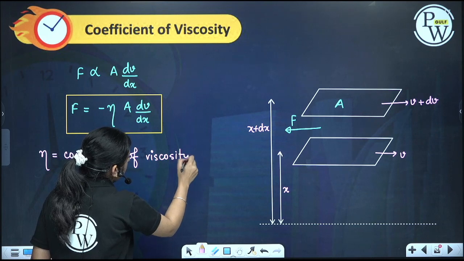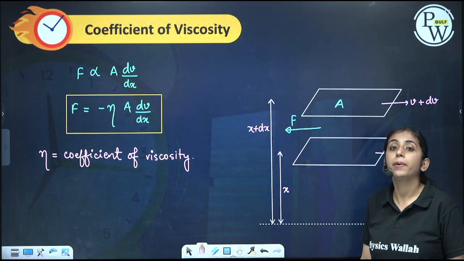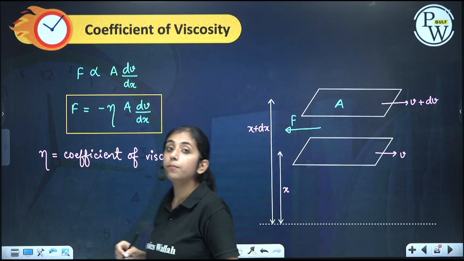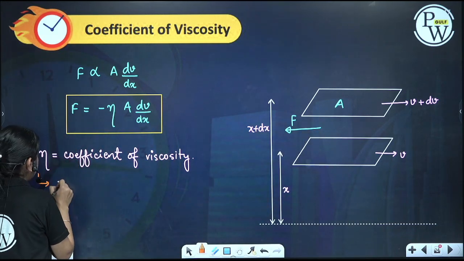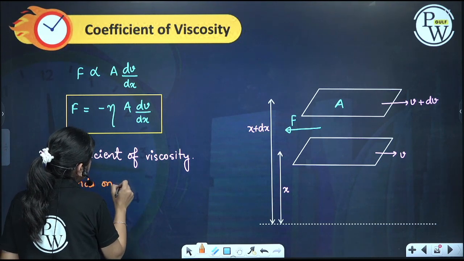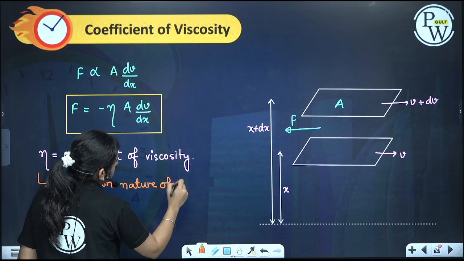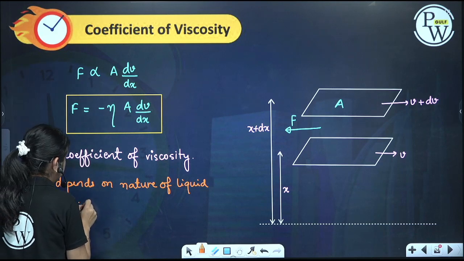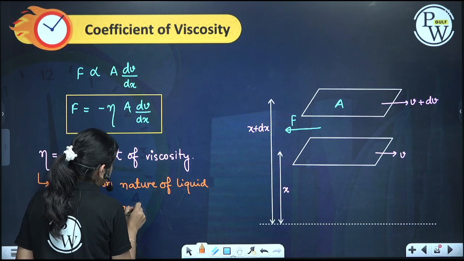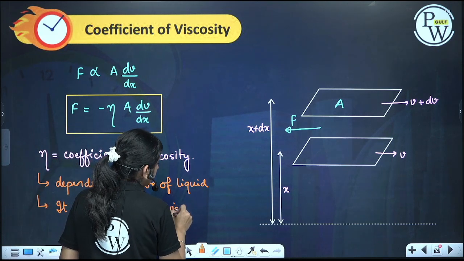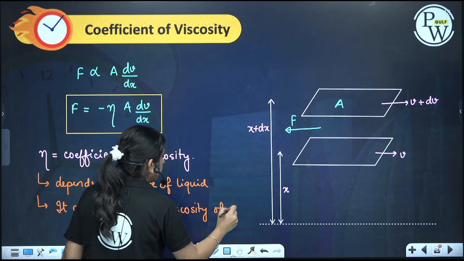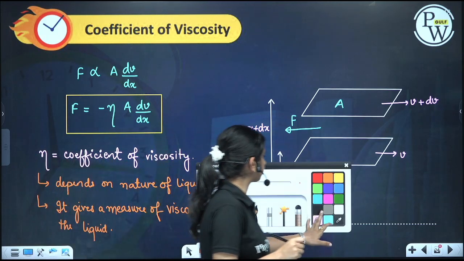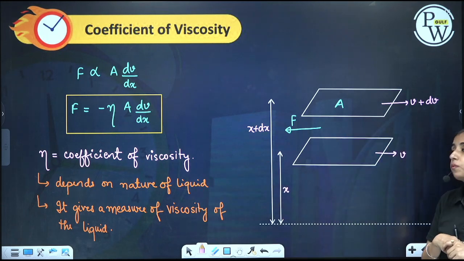It depends on the nature of the fluid, and it gives us a measure of the viscosity of the liquid.